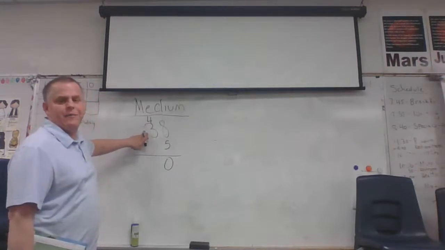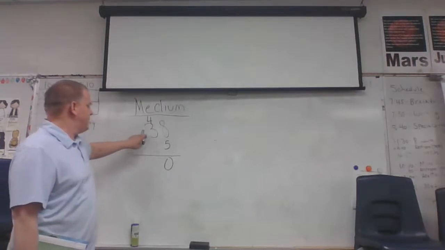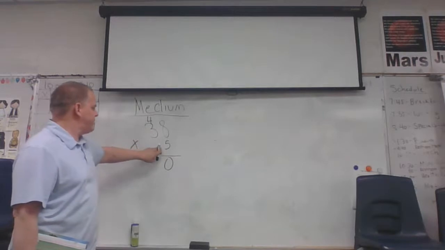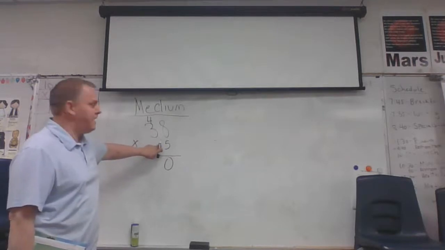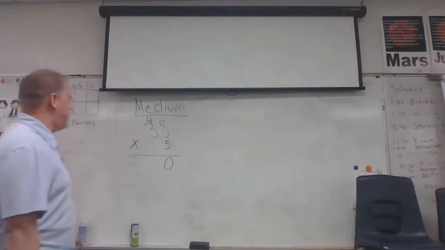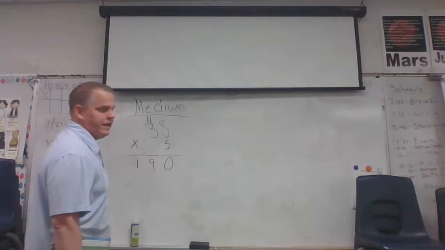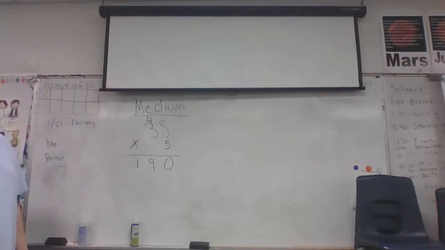Why is this 30? Because it's in the tens column. This is in the tens place, 30. So 30 times 5, which is 150, plus 4 is 190. So 190 is my total of buttons in my medium bags.